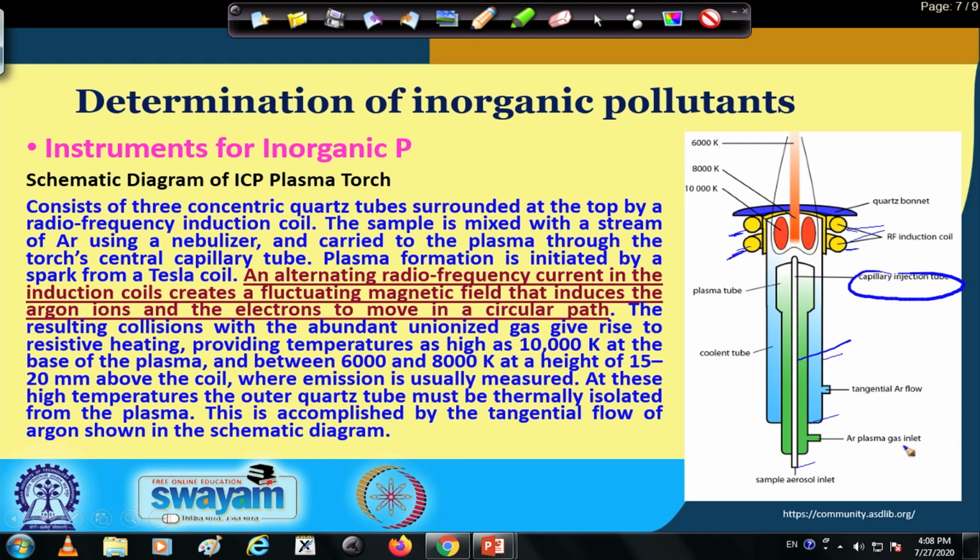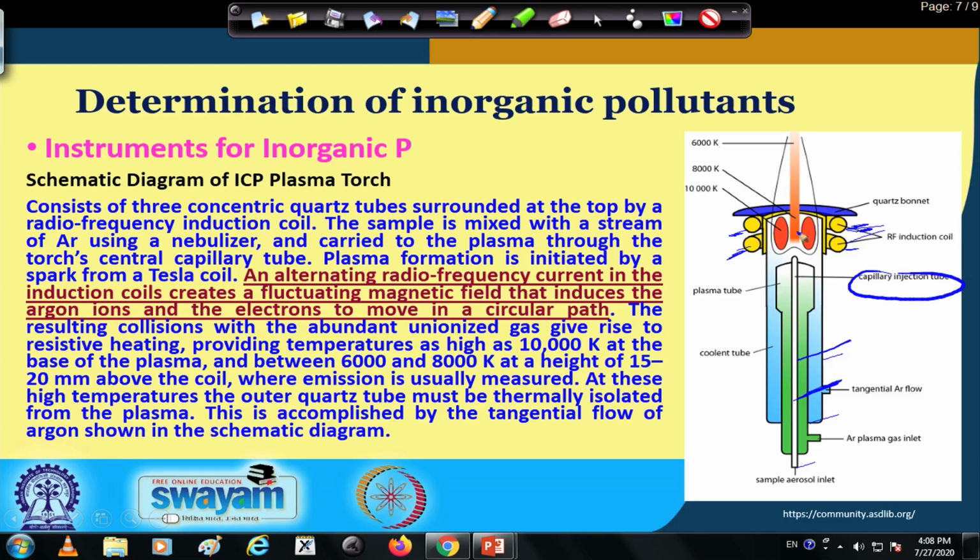You can see that argon is injected in this plasma tube, and the plasma formation is initiated by a Tesla coil, and an alternating radio frequency current is generated in the radio frequency induction coil, which induces the argon ions present in this plasma tube to rotate with the electrons, and as a result of this rotation there is collision with the abundant ionized gas, which gives rise to resistive heating, providing a temperature as high as 10,000 Kelvin at the base of the plasma.